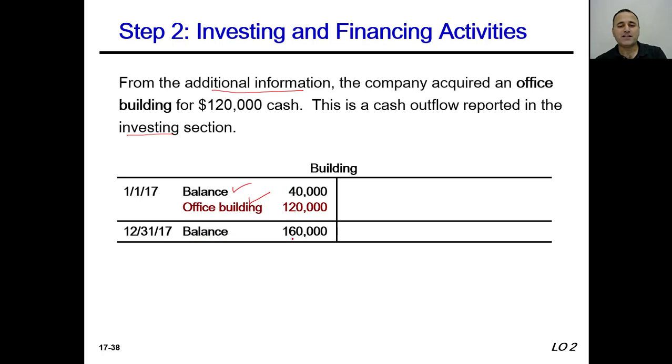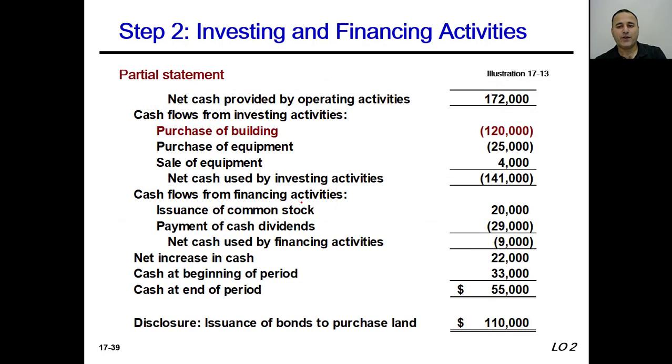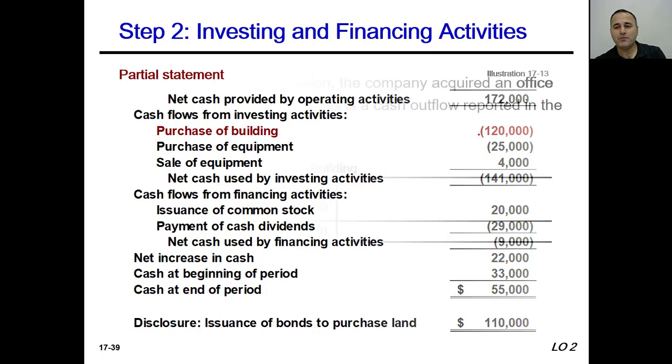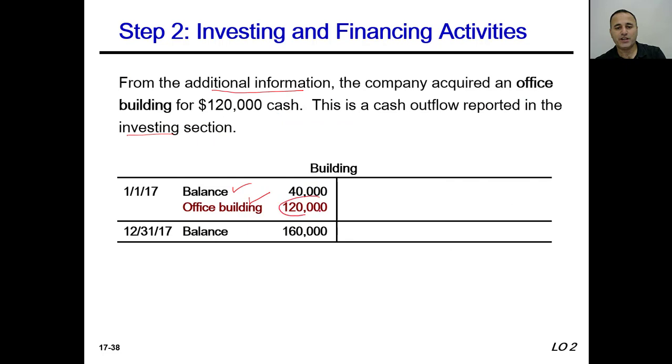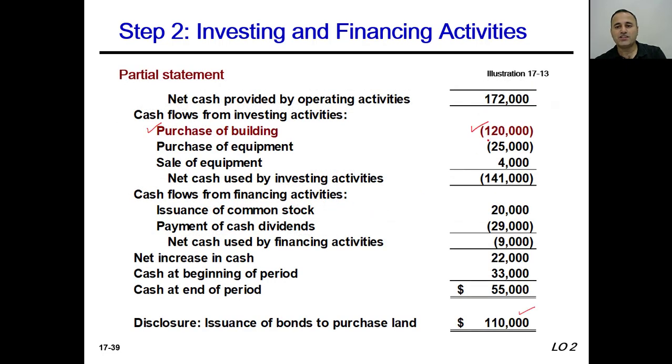So now my balance is $160,000. So all numbers are exactly the same. Issuance of bonds on purchase of land is $110,000. But what did we do? This is the number which is coming from this line, $120,000. This is the building that we purchased, so that's why we added it here.